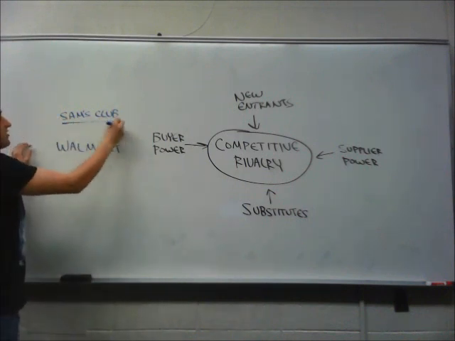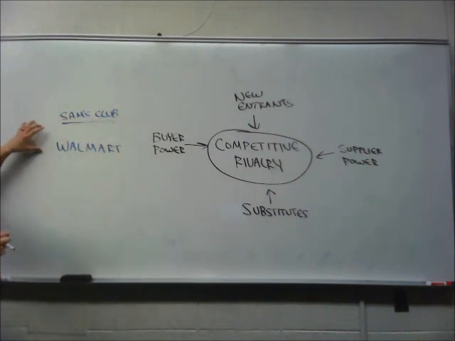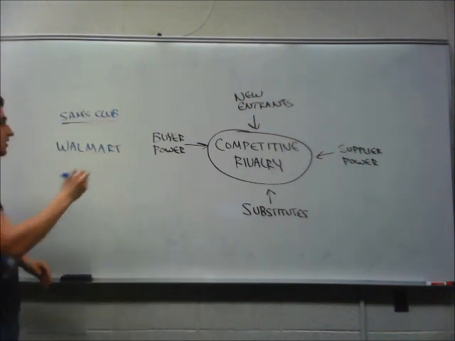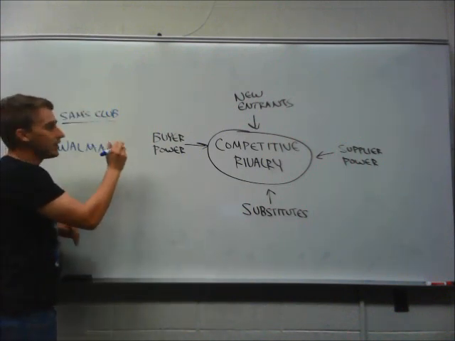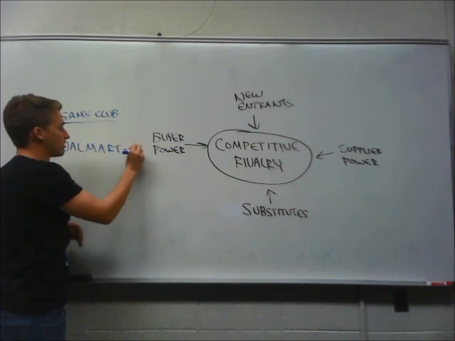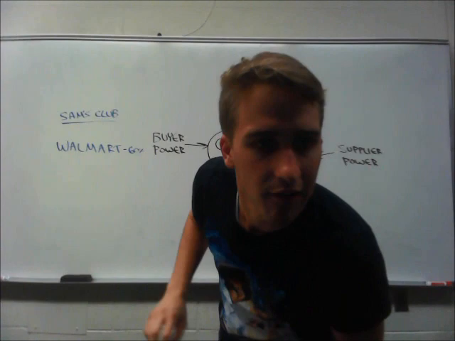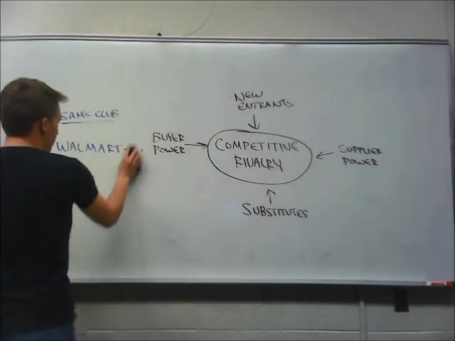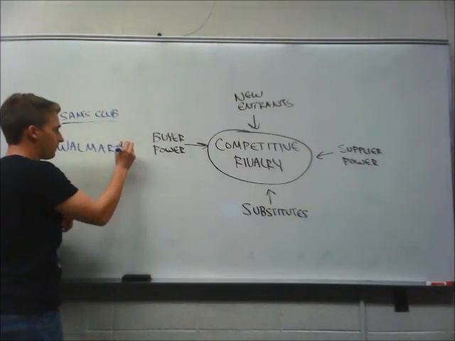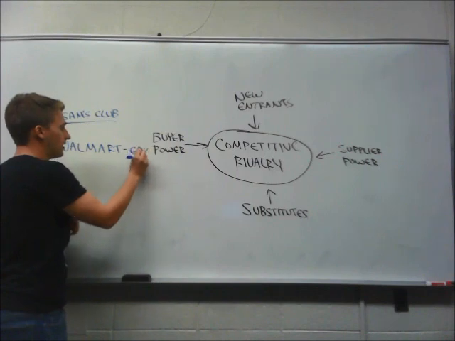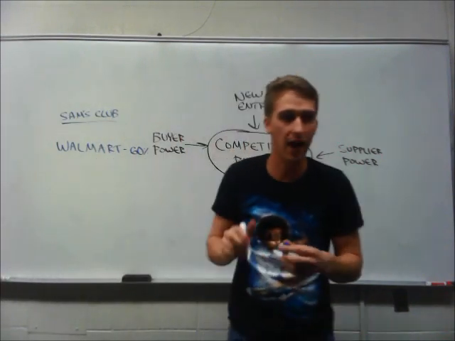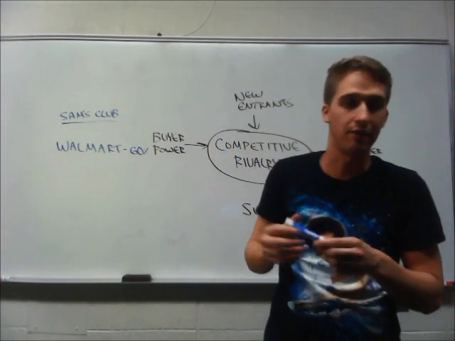Sam's Club isn't a great example because they're owned by the same people. But this is a general example. If you're a company, it's possible that Walmart buys a good percentage of your product. I wrote 60%. So let's pretend that you're a company that supplies Walmart and they buy 60% of your product.